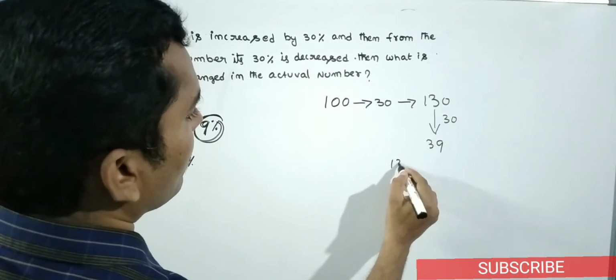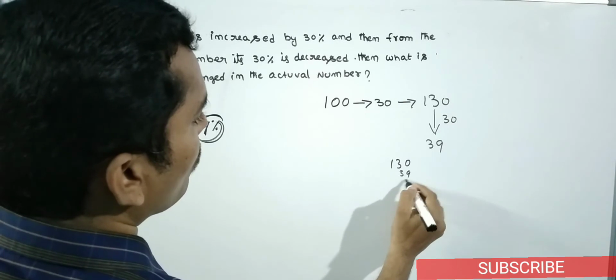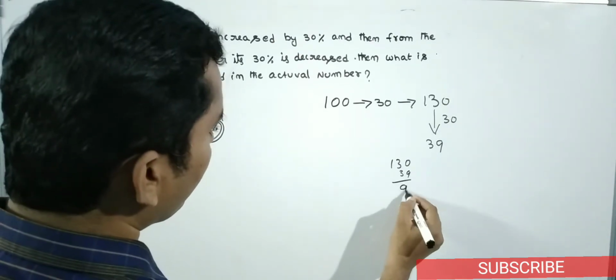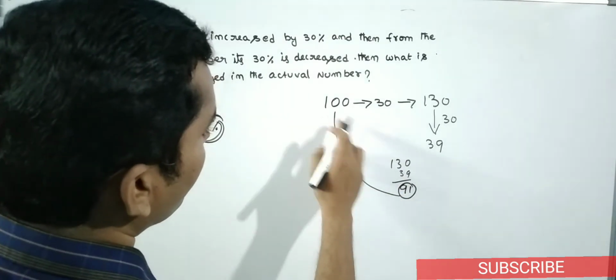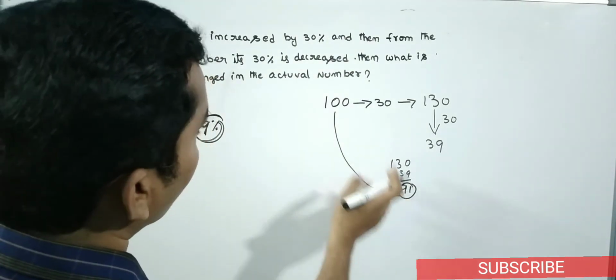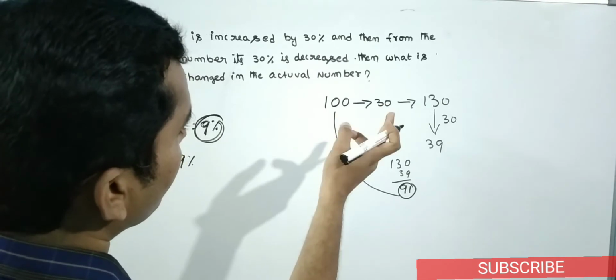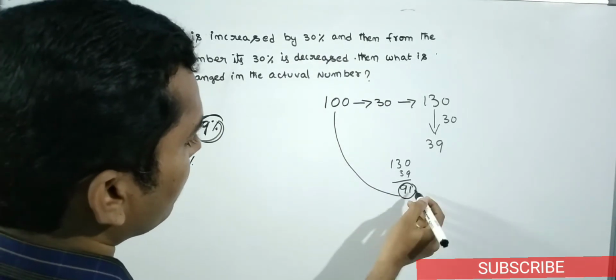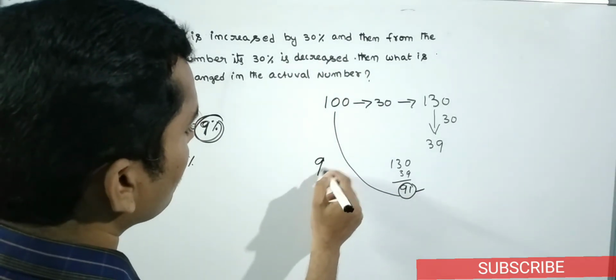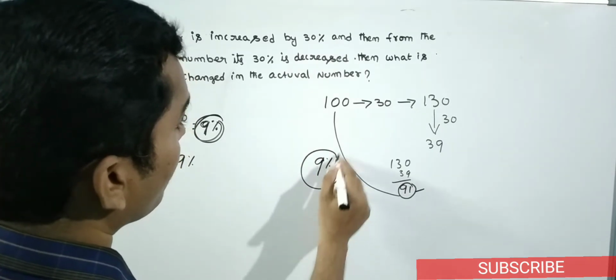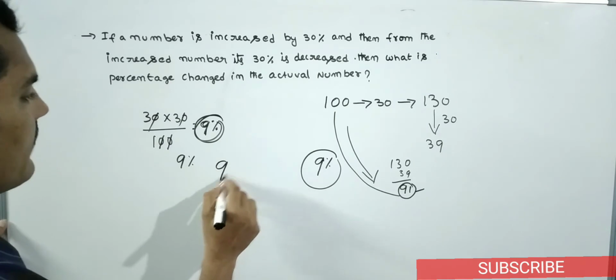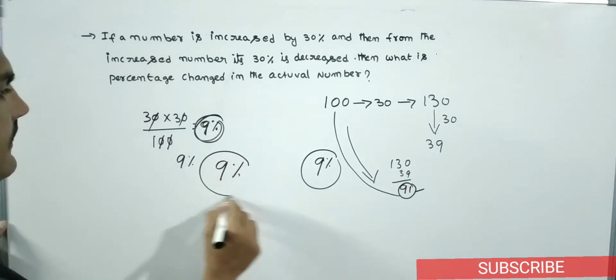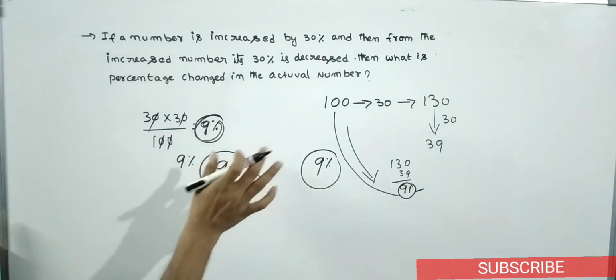So 130 minus 39 is 91. See friends, the actual number is 100. After increasing 30% and again decreasing 30%, we got 91. What is the difference? 9%. So it is decreased by 9%. Answer is decreased by 9%.